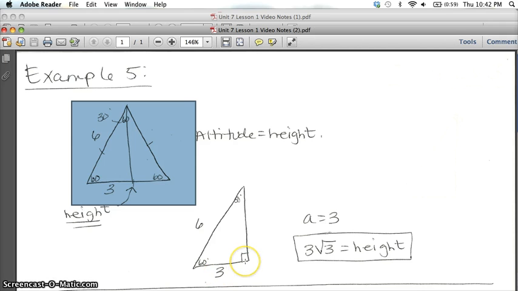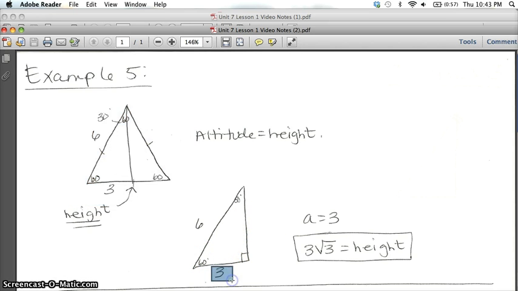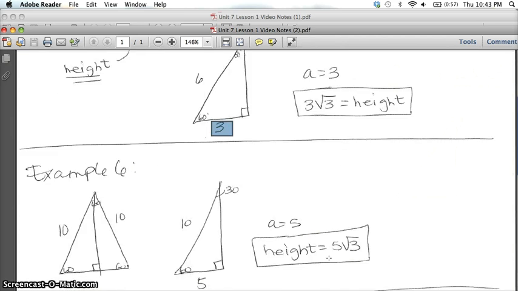And then opposite my 90 degrees, remember, my hypotenuse was 2A, and 3 was A. So 2 times 3 is 6, so we're good so far. And then the side opposite the 60-degree angle is A square root of 3. Well, if my A is 3, then the side opposite my 60 degrees has to be 3 square root of 3, and that's my height.